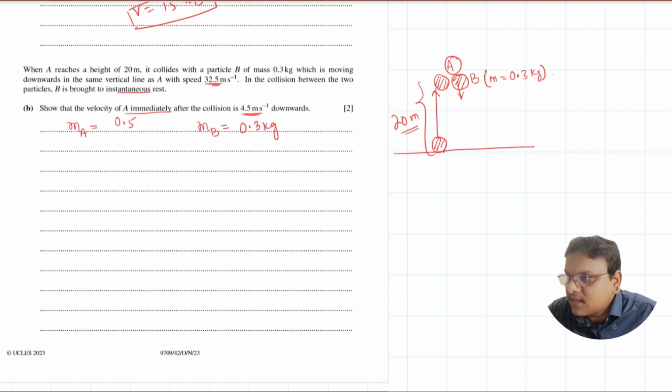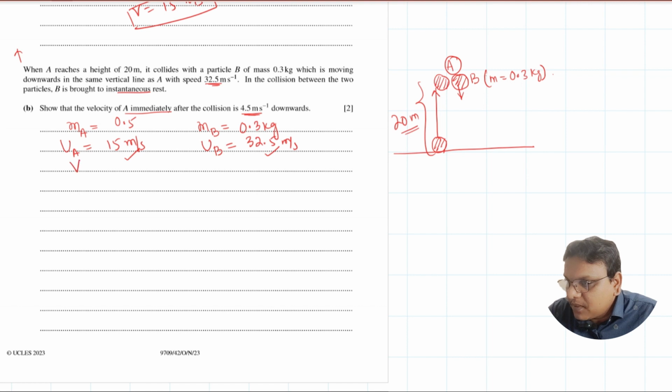Now the speed of A, that is u of A, which is 15 meter per second from the first part, and u of B, which is given as 32.5 meter per second. This is the initial speed of A, this is the initial speed of B, right?